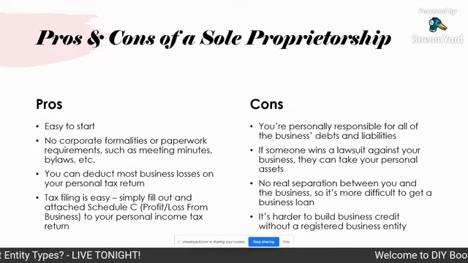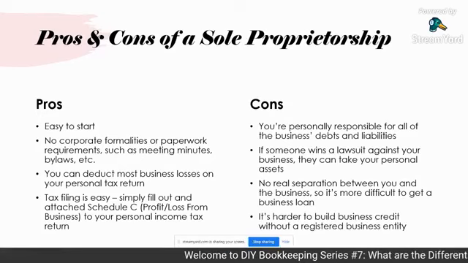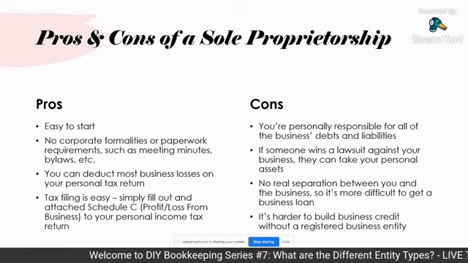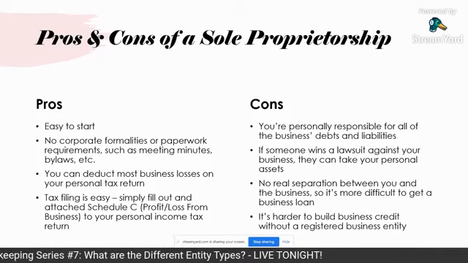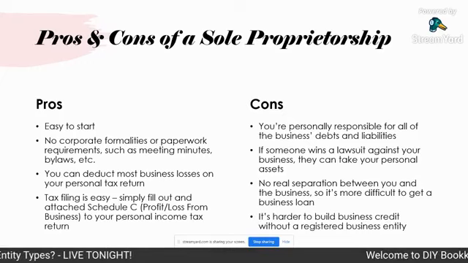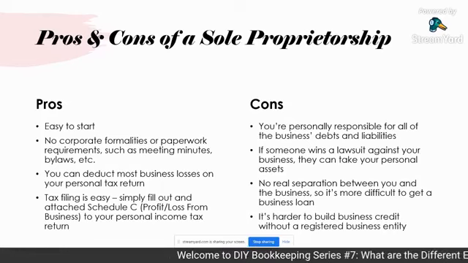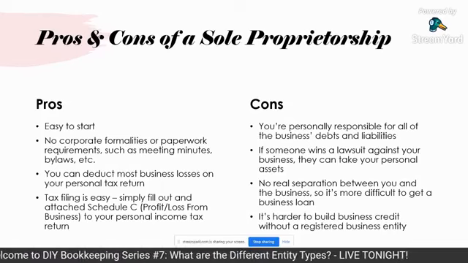Anyway, some more pros are no corporate formalities or paperwork requirements, such as meeting minutes, bylaws, etc. You can deduct most business losses on your personal tax return. And tax filing is easy. All you have to do is attach a Schedule C, which is a profit and loss from business, to your personal income tax return.